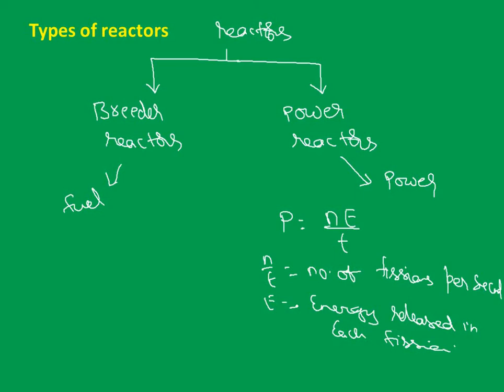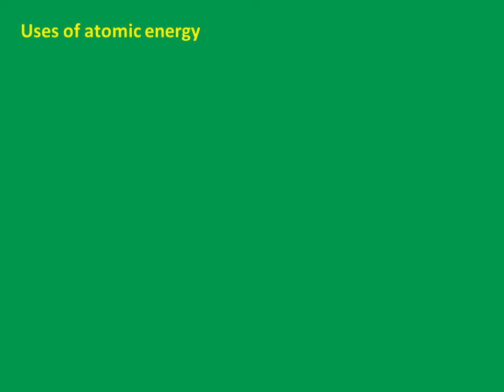Now let's see the uses of the nuclear reactor and atomic energy. The first and foremost, the prime purpose or use, is to generate electric power. The second is the production of radioisotopes.